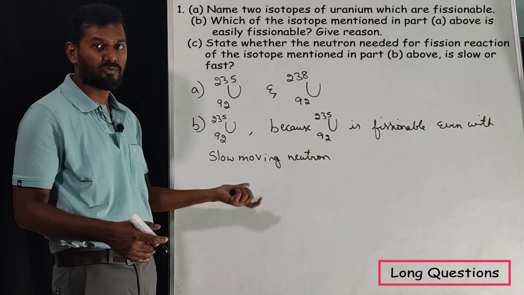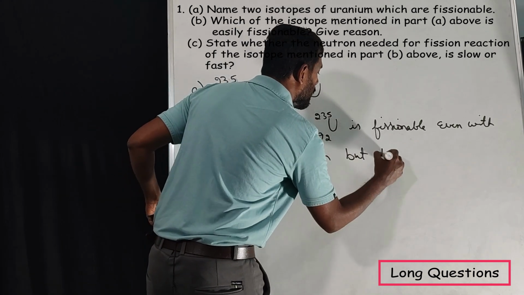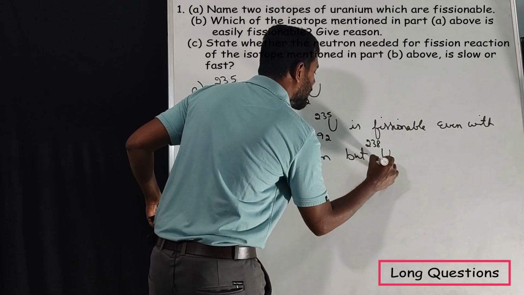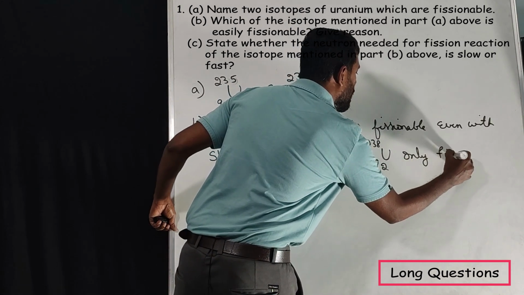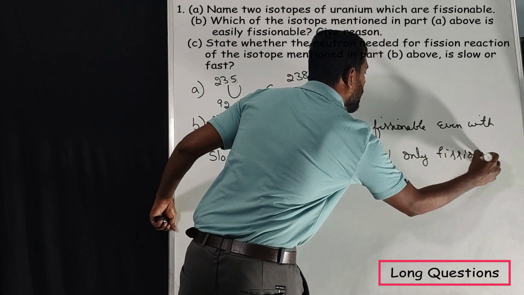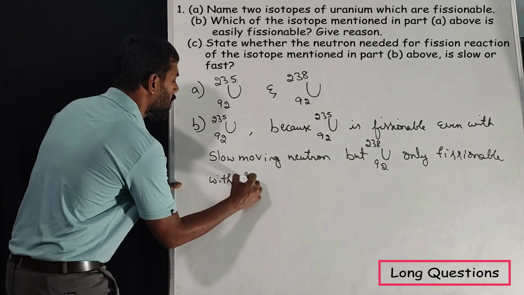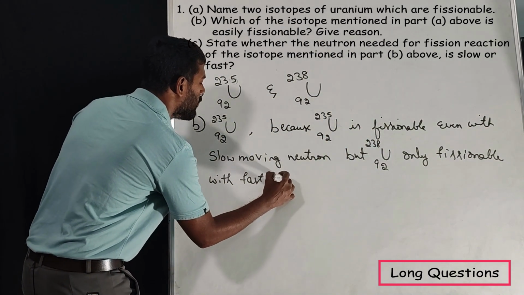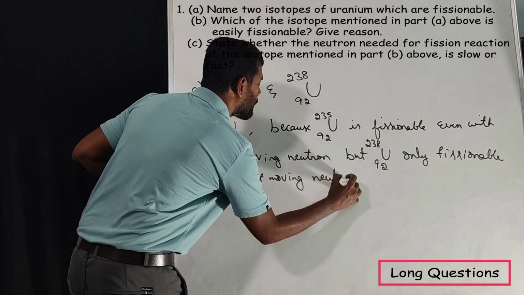It is also possible with fast moving neutrons, but uranium-238 92 is only fissionable with fast moving neutrons.